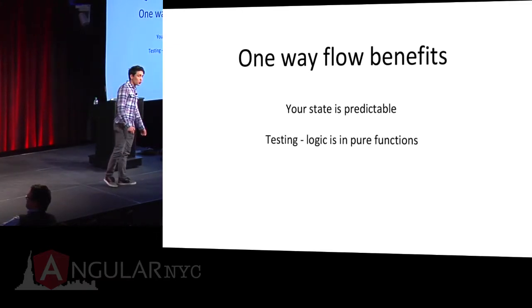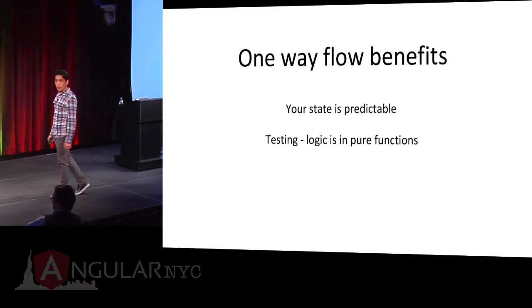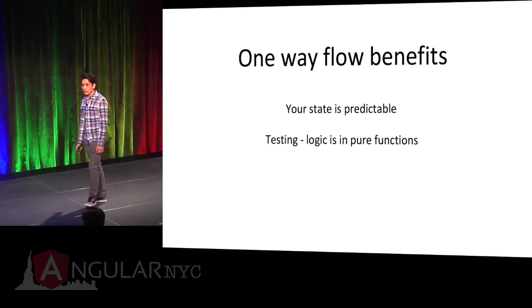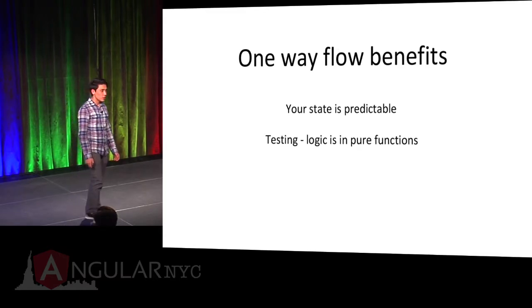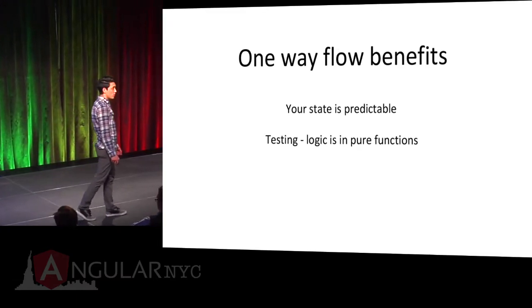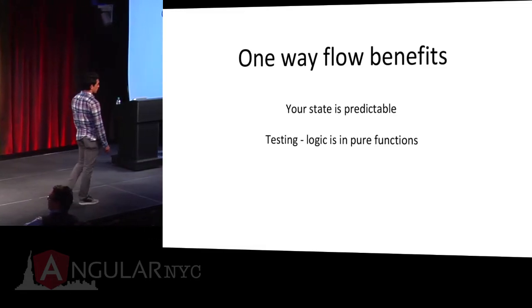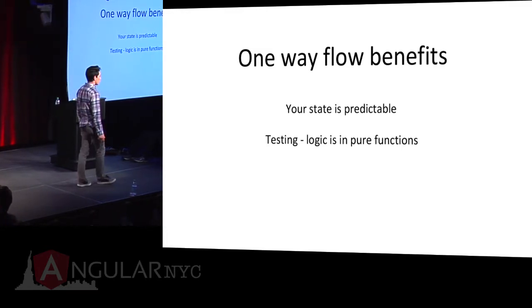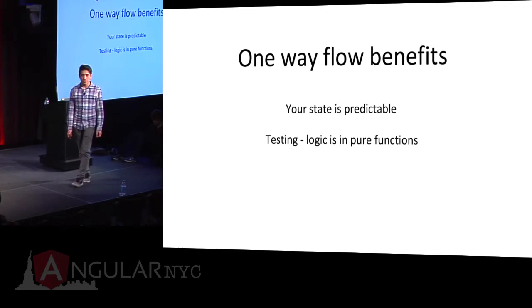Another great benefit is testing. Since, as mentioned before, all of the logic is in pure functions, and pure functions are very easy to test because they do not depend on external values, you don't need any kind of test bed, or have to mock any components in order to test your business logic.